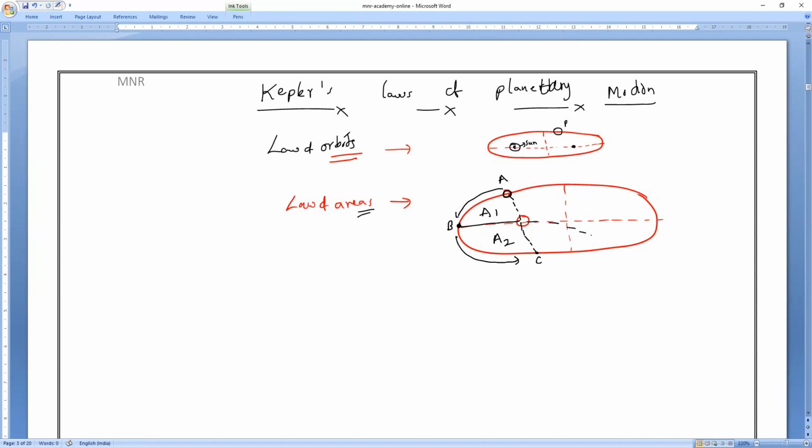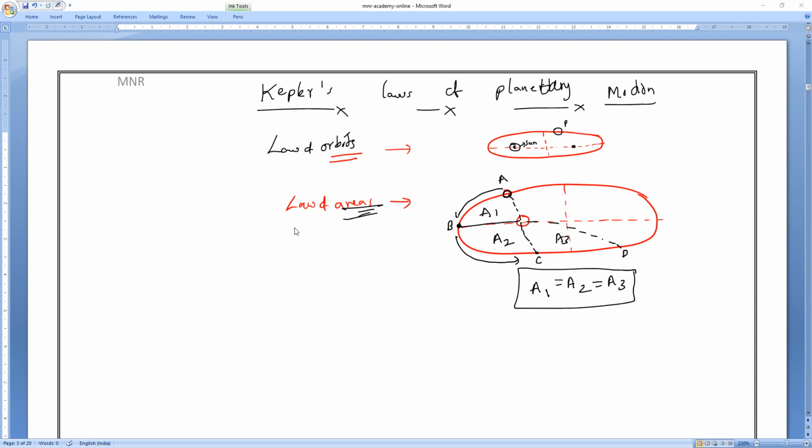So that is what we call the law of areas. The area covered by the planet in equal intervals of time is always equal. That is Kepler's second law of planetary motion, also called the law of areas.